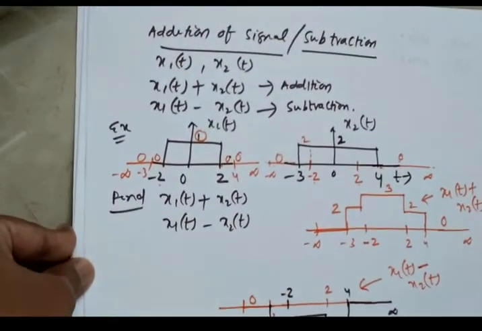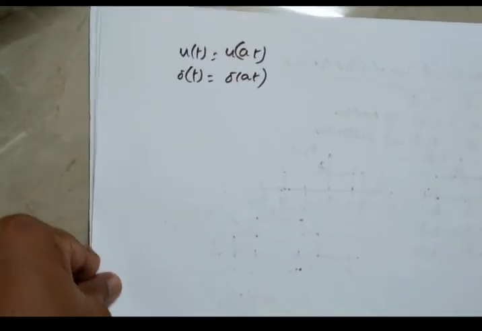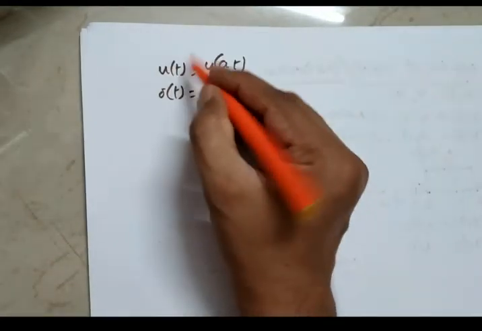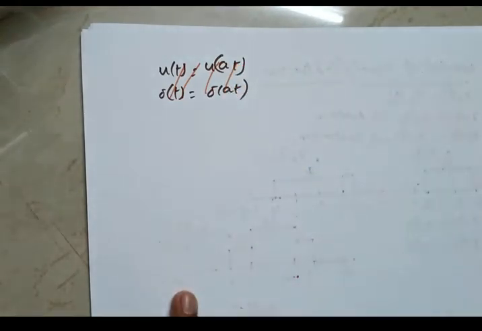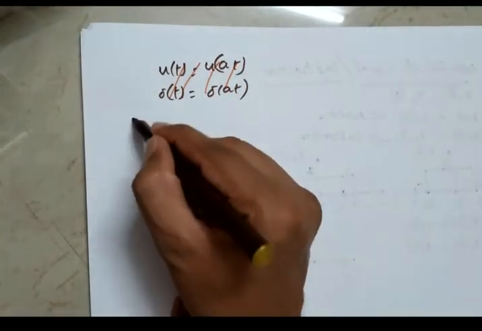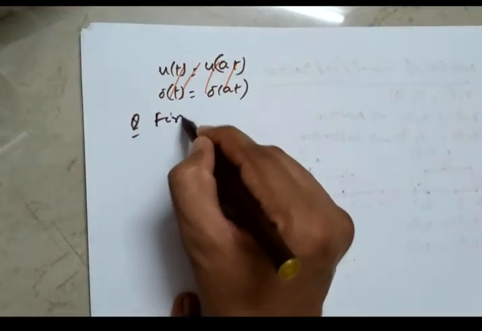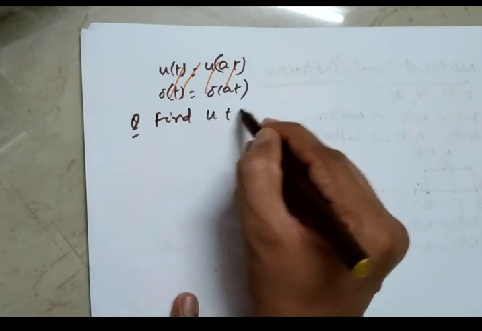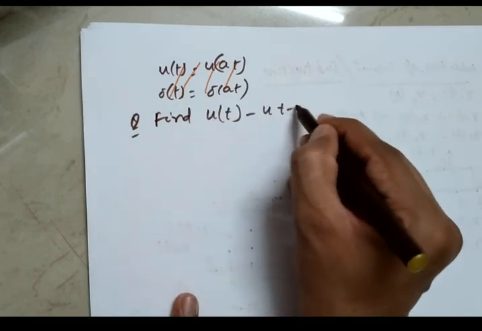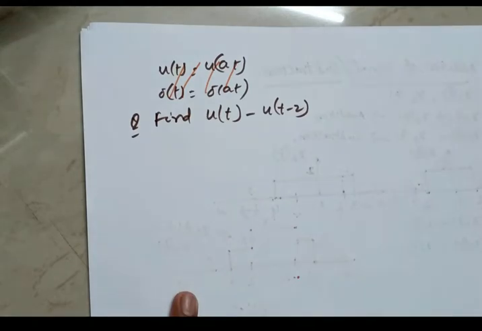Now I will take another example. The question is to find u(t) minus u(t minus 2).